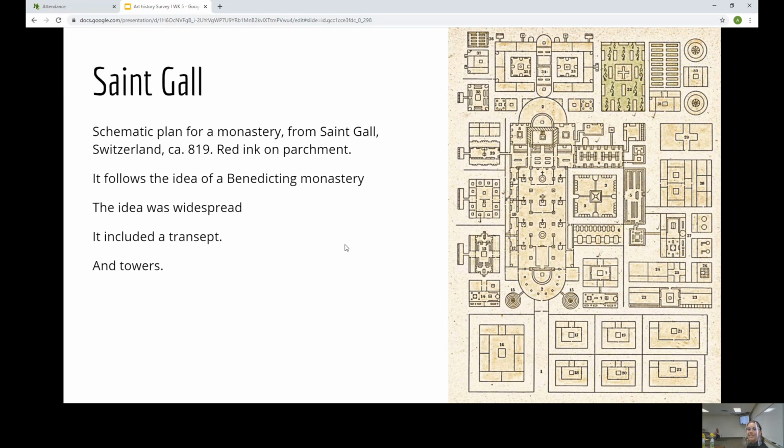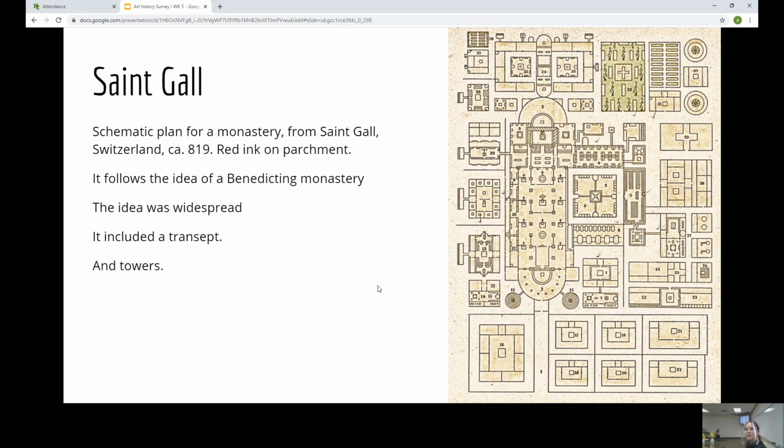This is the basic idea of a Benedictine monastery, and it will be used by most other, what are those guys called? Okay, so there's more than just the Benedictine monks. There's a bunch of different orders, orders of monks and nuns. This will be the typical plan for them to use.